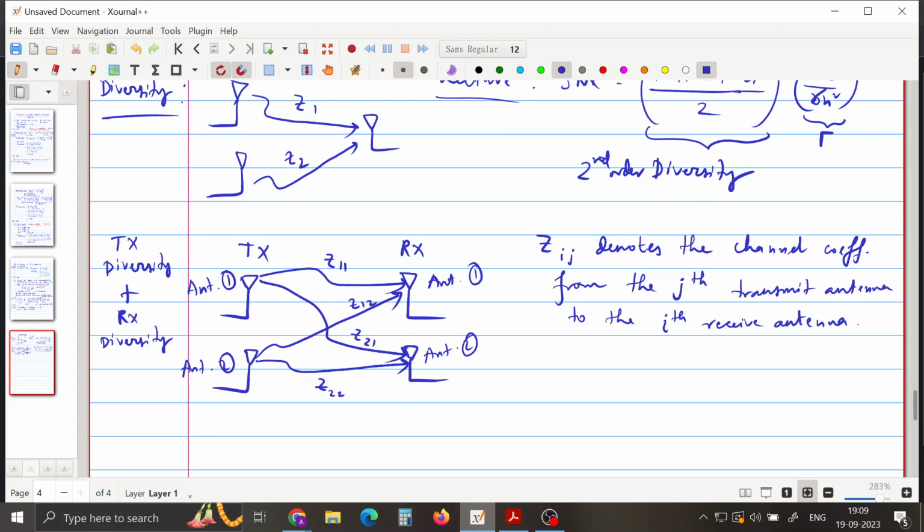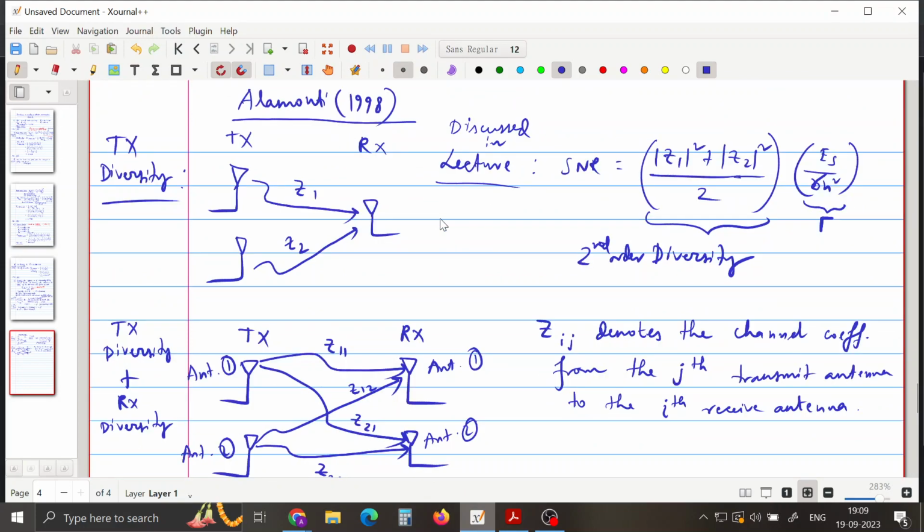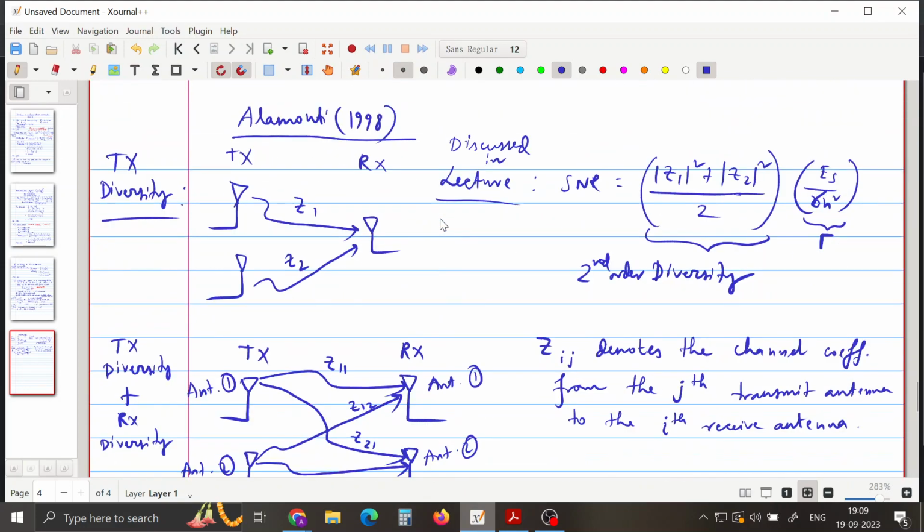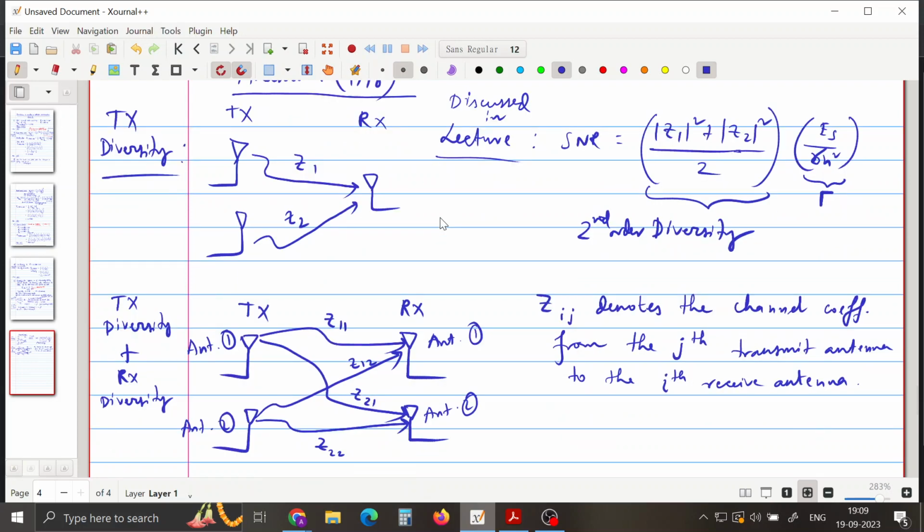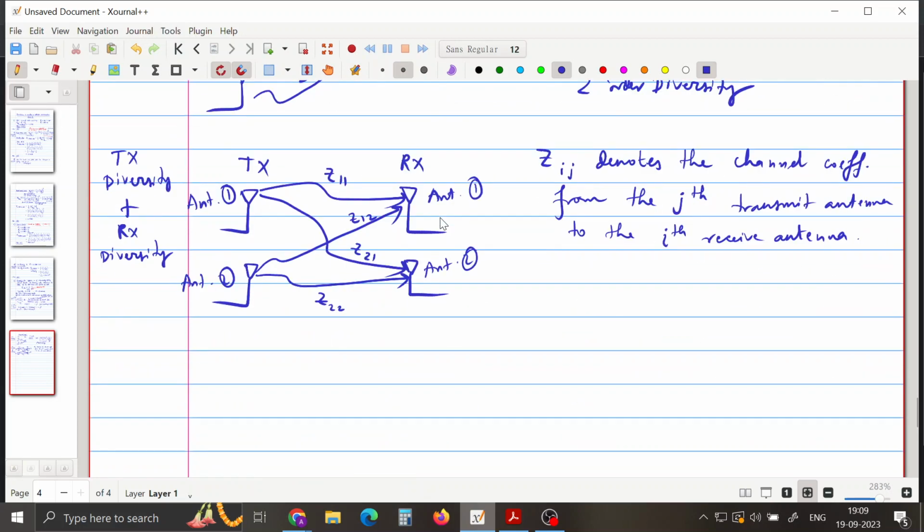This is just to give you an idea: you follow the same strategy as you did for Alamouti in this case as well. So remember what you did for Alamouti.